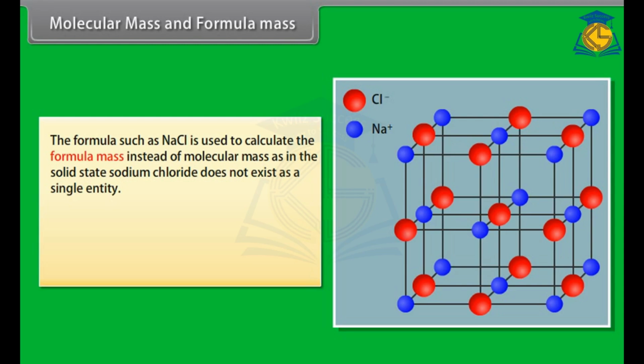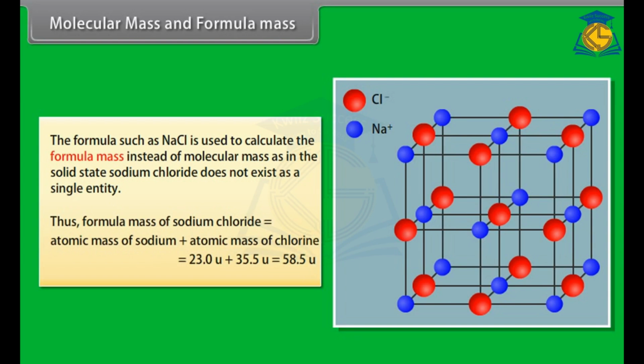A formula such as NaCl is used to calculate the formula mass instead of molecular mass, as in the solid state sodium chloride does not exist as a single entity. Thus, formula mass of sodium chloride is equal to atomic mass of sodium plus atomic mass of chlorine, which is equal to 23.0 u plus 35.5 u, which is equal to 58.5 u. Percentage composition.